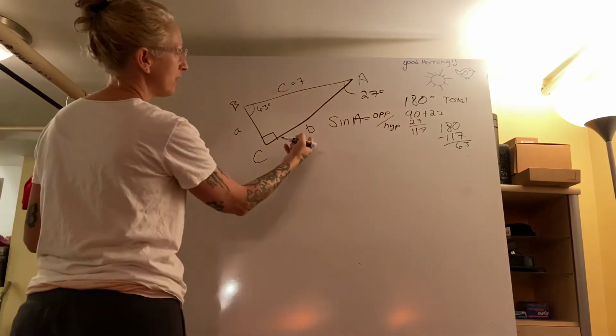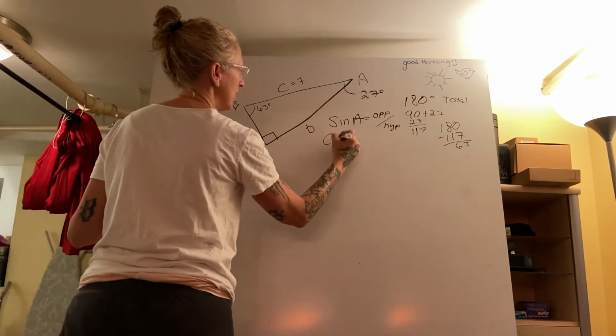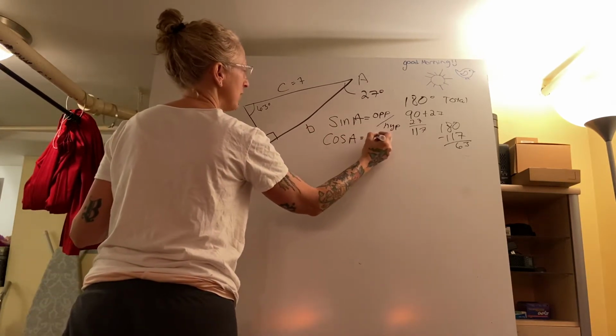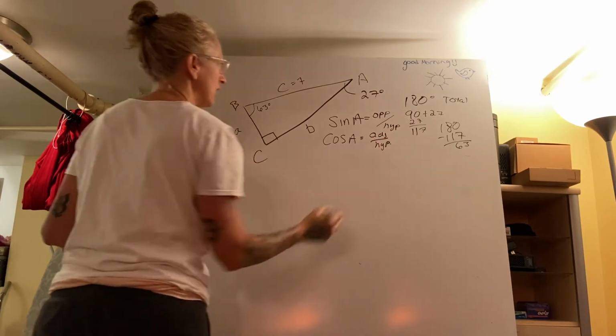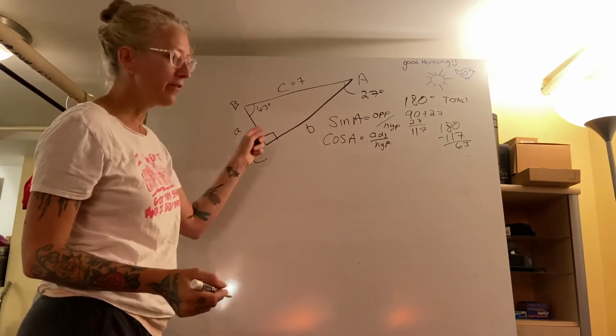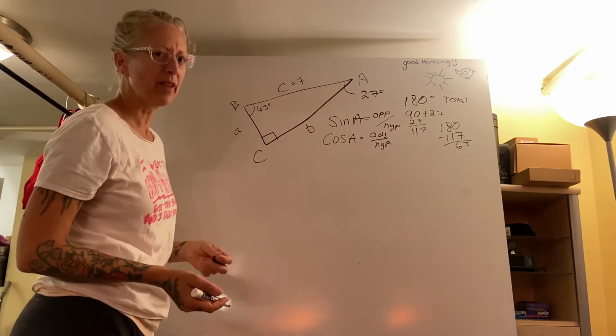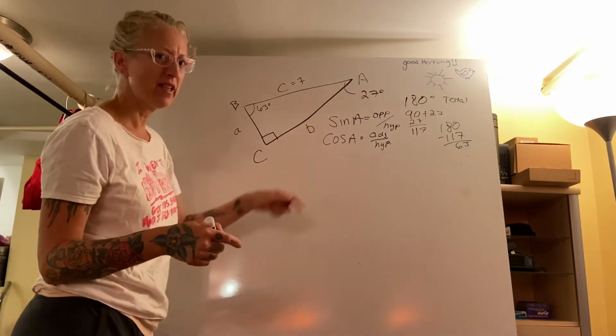And we can also find B by using cosine of A, which equals adjacent over hypotenuse. So we can find both of those using that method, or we can find one of them and then use the Pythagorean theorem. I think on the worksheet I do the Pythagorean theorem, so here I'm going to use both of these instead.